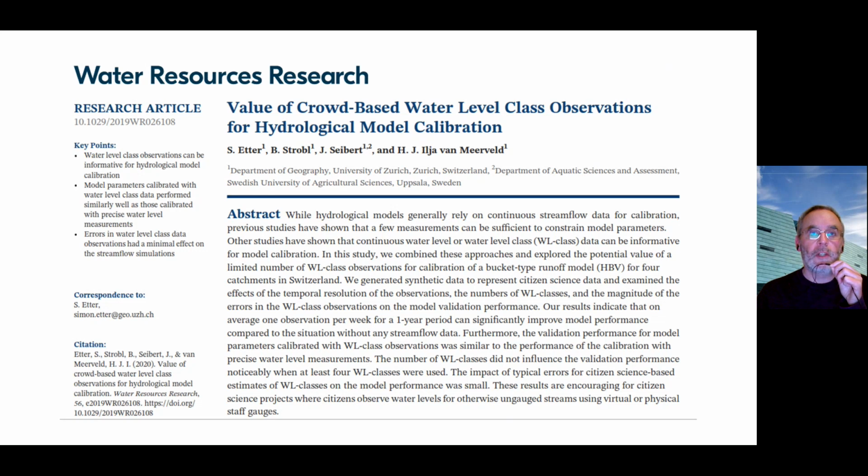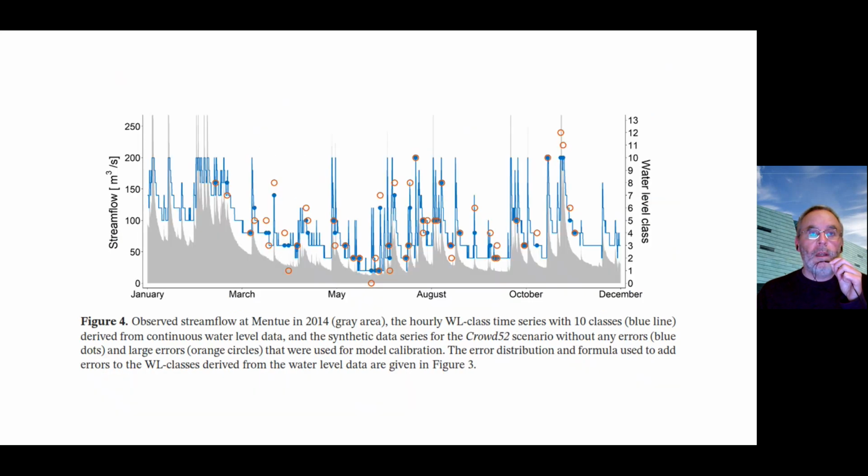This is a figure I took from that paper, to show that these water level measurements, even though they're quite broad measurements using that virtual staff gauge, can track the real changes in flow at a river.